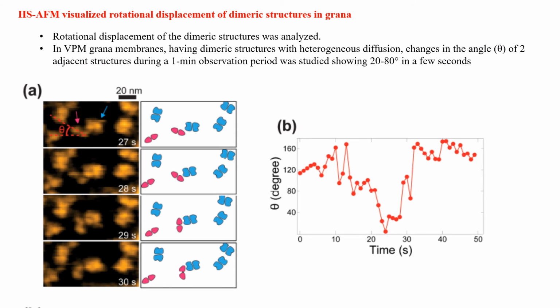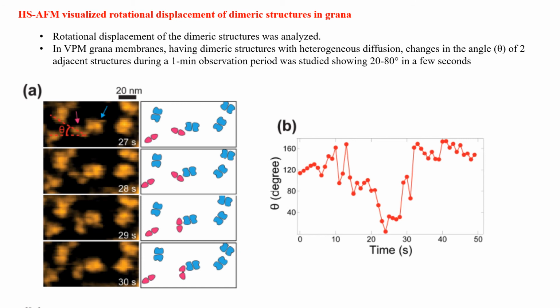As shown in the macromolecular organization of the grana stacks observed by the HS-AFM, there was a randomness in the different photosynthetic complexes, and this random orientation raised the question of whether there was a rotational displacement associated with these dimeric structures, and how to analyze it. For that, HS-AFM was also able to visualize the rotational displacement of the dimeric structures present in the grana.